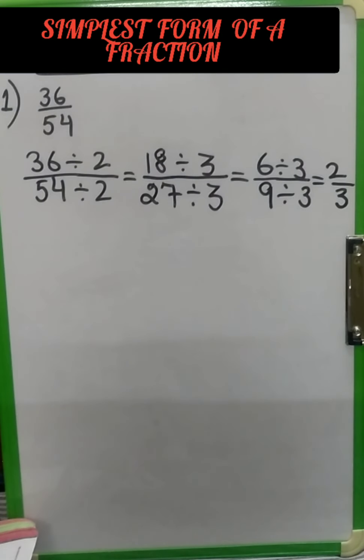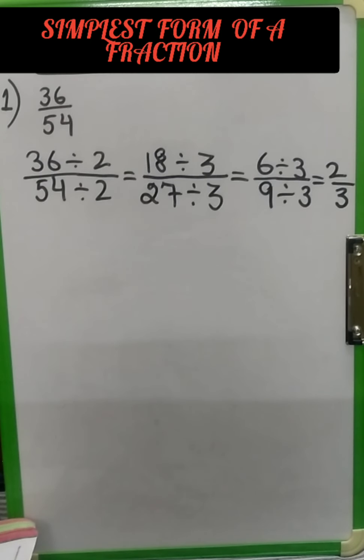Now can we divide further? Do we have any common factor in 2 and 3 other than 1? No, we don't. So now we have reached a stage where numerator and denominator do not have any common factor other than 1.